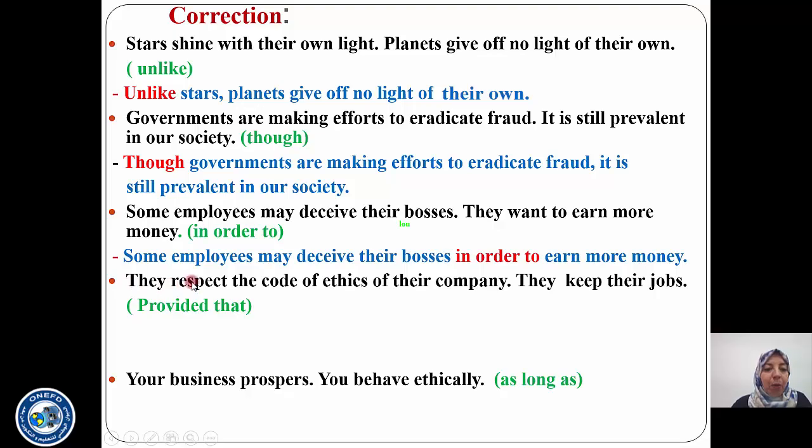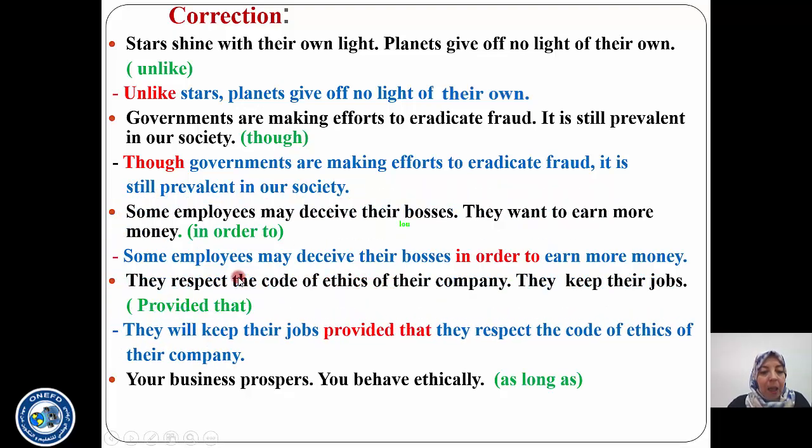I mean, before this part. Okay? So, the sentence is, they will keep their jobs provided that they respect the code of ethics of their company. Okay? So the conjunction here is put in the middle. Of course, it could be also in the beginning, saying, providing that they respect the code of ethics of their company, comma, they will keep their jobs.